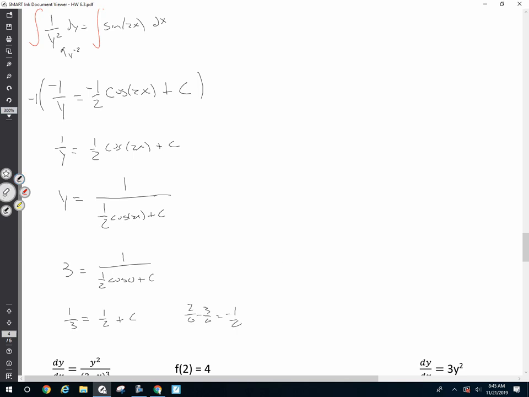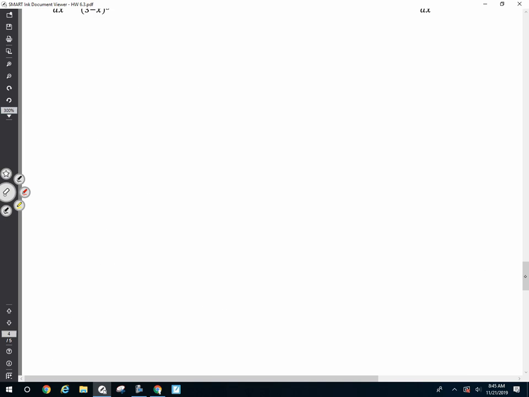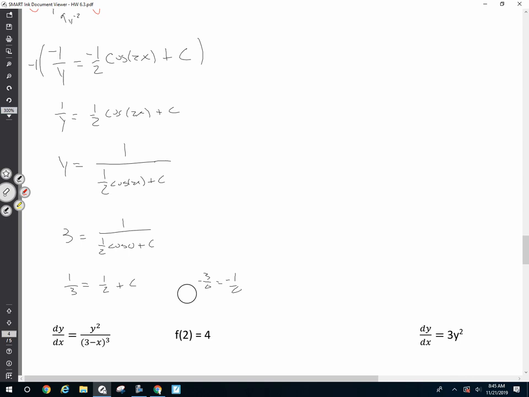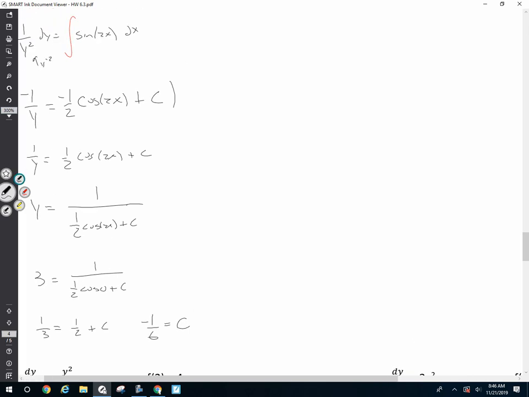So c is -1/6. Giving me my solution, y equals 1 over 1/2 cos 2x minus 1/6.